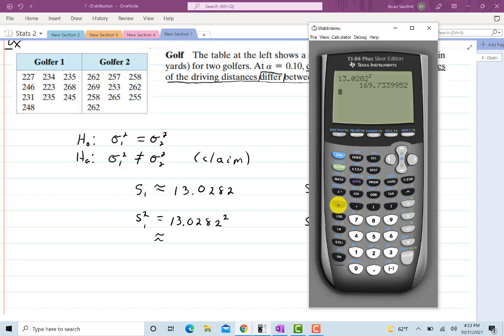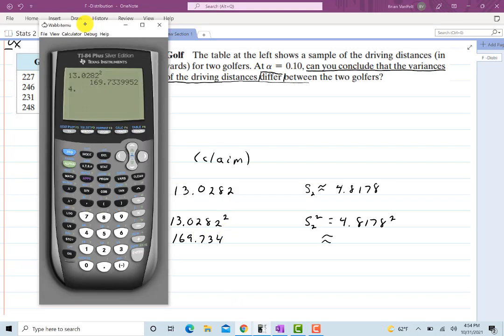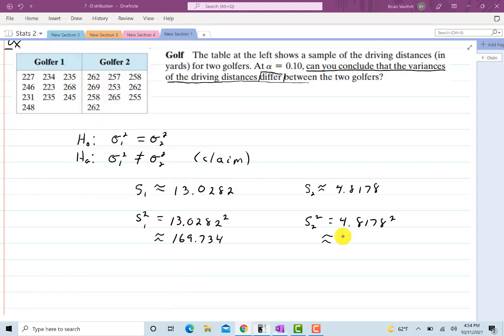I have 169.734. And then for the other one, let me square that, 23.2112.